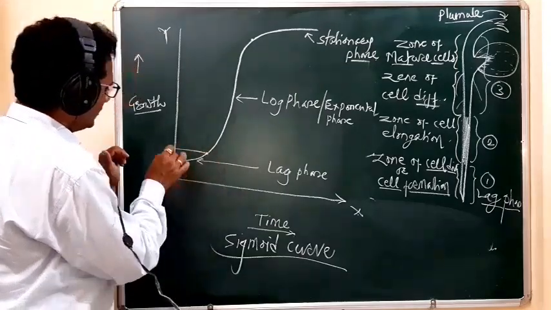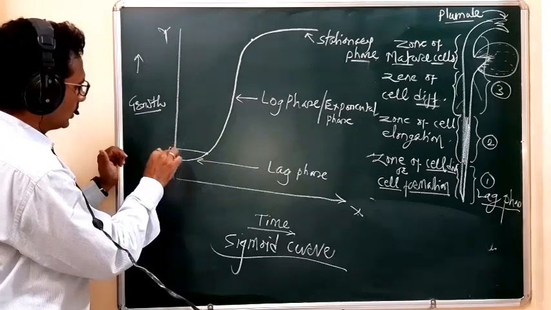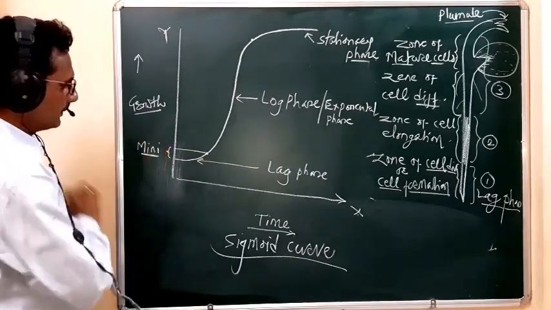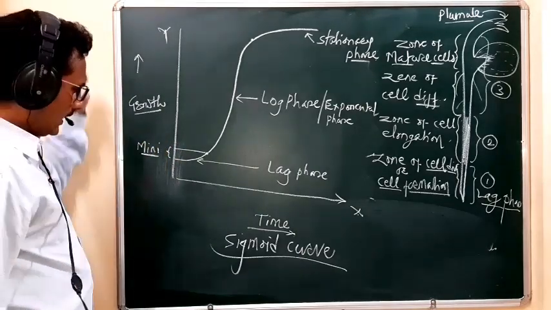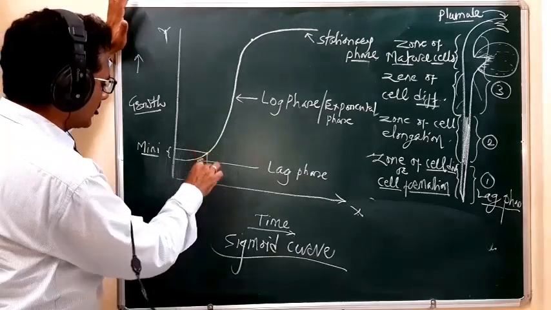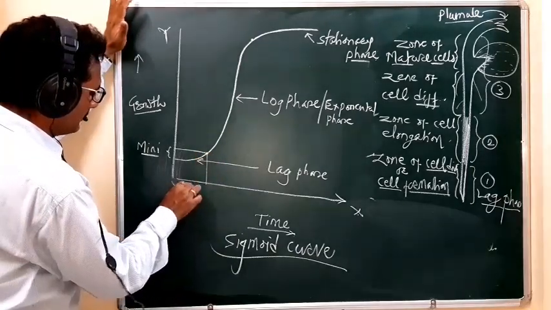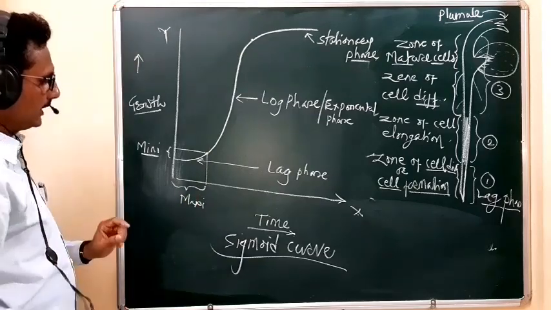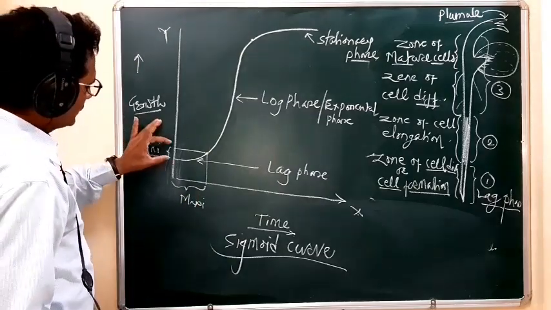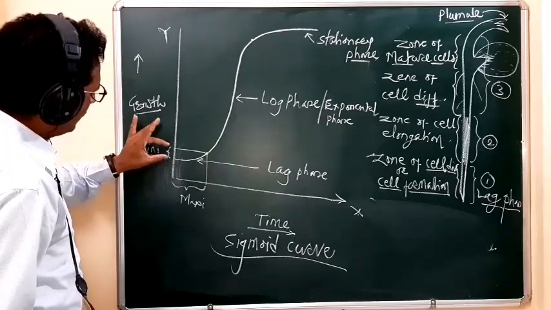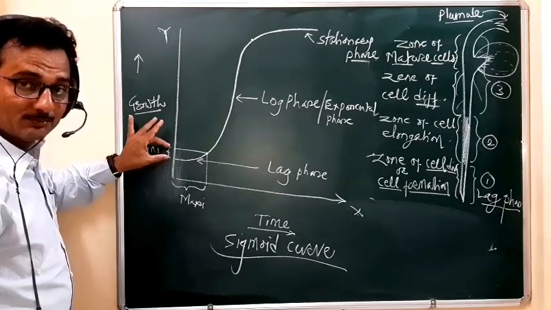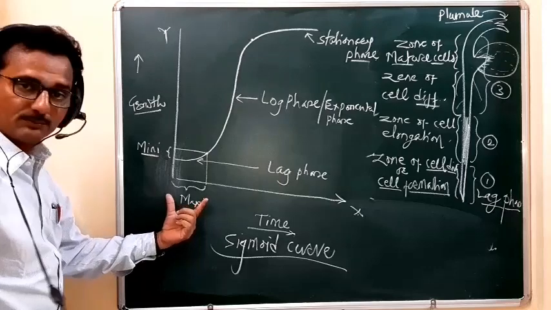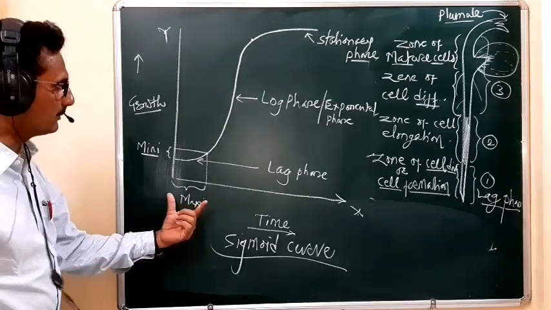But the time requirement is maximum. So this is the minimum growth, and for the formation of this minimum growth, the maximum time is required.